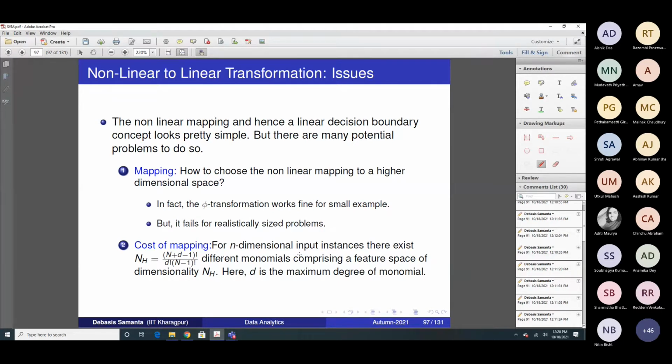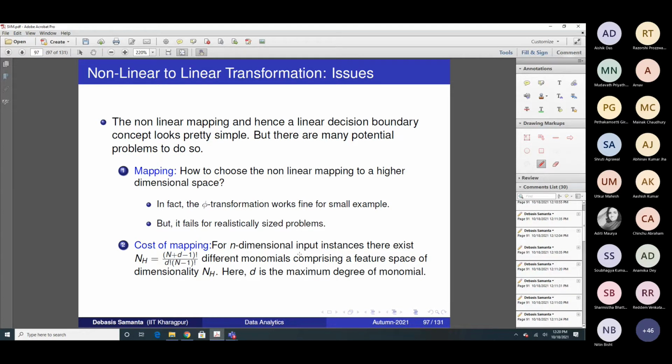But if your data is too complex, in the sense that for that complex data you need a boundary with many monomials, many binomial terms, many trinomial terms, and many complex terms, then definitely the number of phi transformations required is very large.